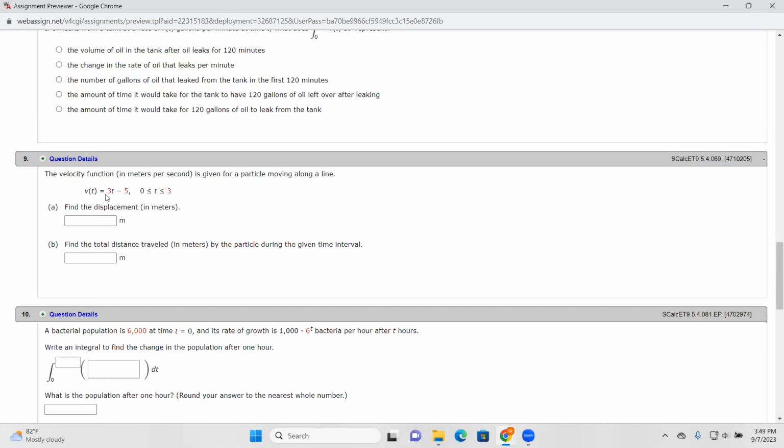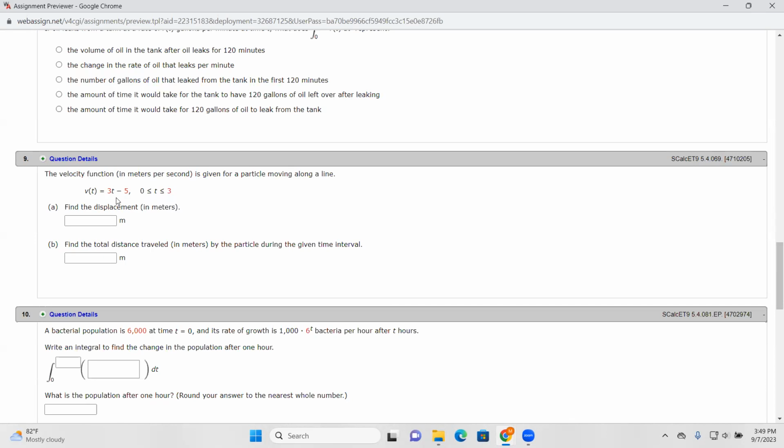So here we'd have the integral from 0 to 3 of 3t plus 5, whatever that pops out to be. You'd have to compute the antiderivative function, evaluate at 3, evaluate at 0, and subtract. Or alternatively, you could look at this geometrically, it's just a line.